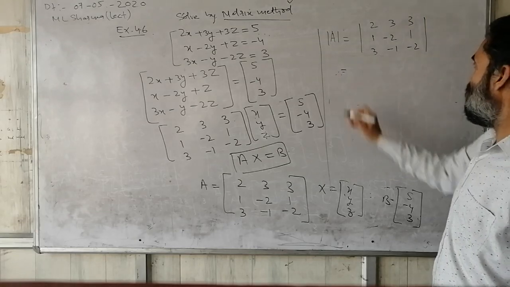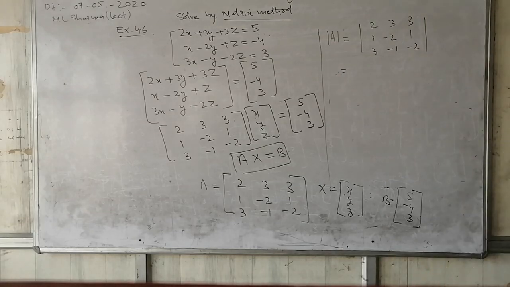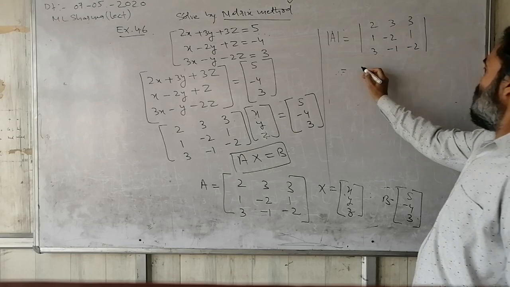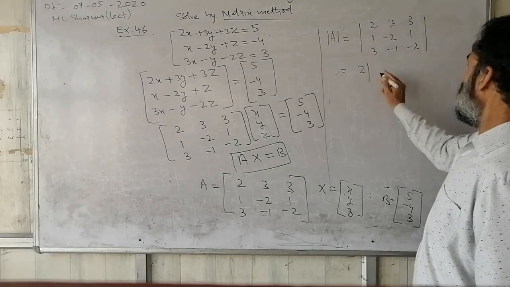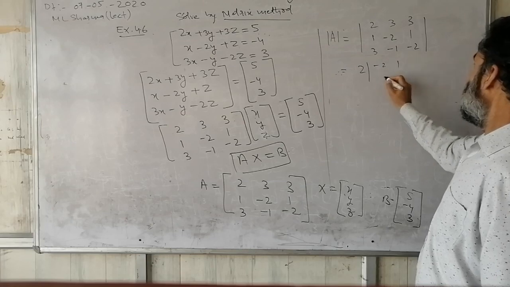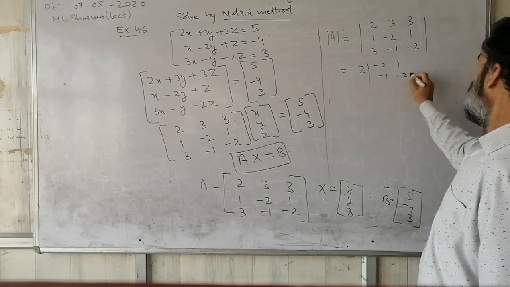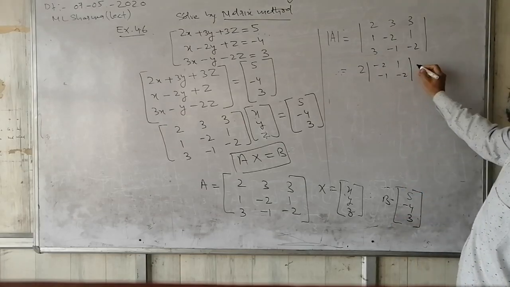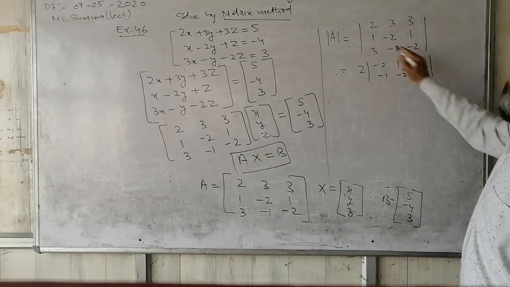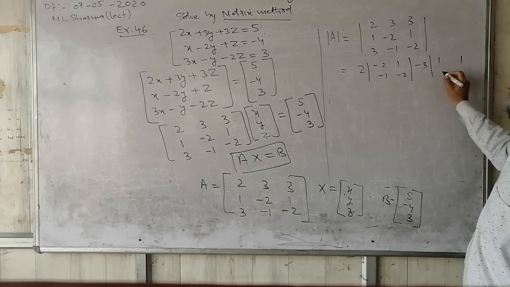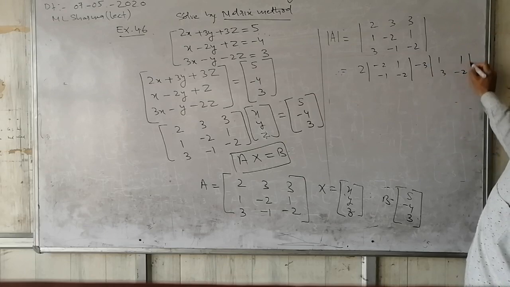So this will be equal to, if I expand this by the first row, 2 into the determinant left when this row and this column are deleted. I am left with these 4 elements. Then minus 3 times the determinant when this row and this column are deleted, 1, 1, 3, minus 2 here.